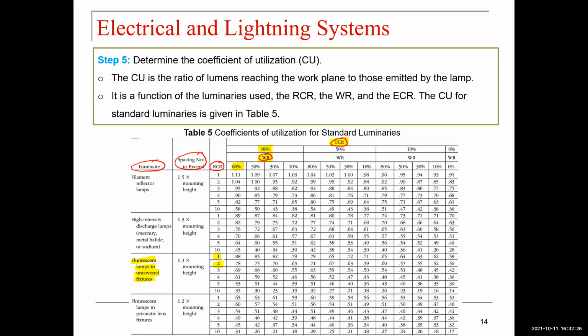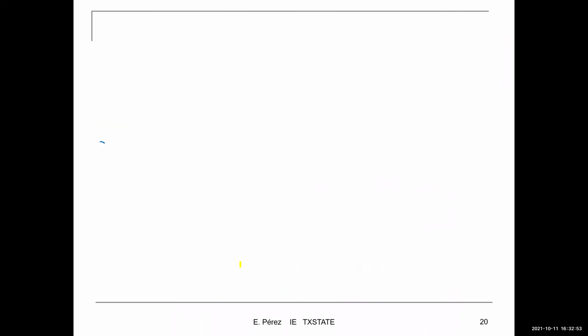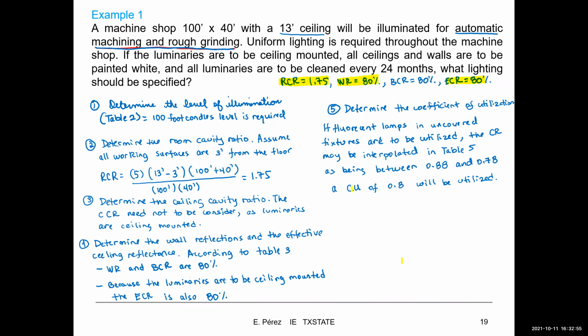And to get the exact number, we're going to have to interpolate. For the purpose of this class, we want a value between these two, right? So it is going to be closer to 2 than to 1. So if you interpolate, that would be 0.80, which is what we are stating here. So the coefficient of utilization is 0.8.